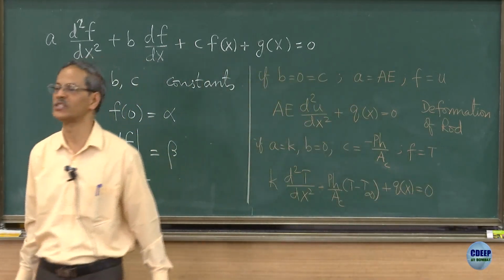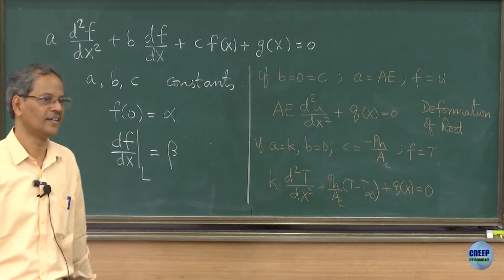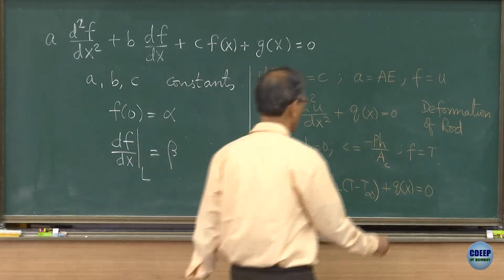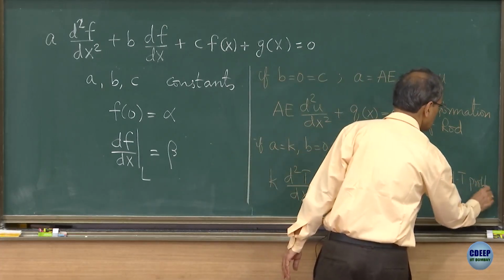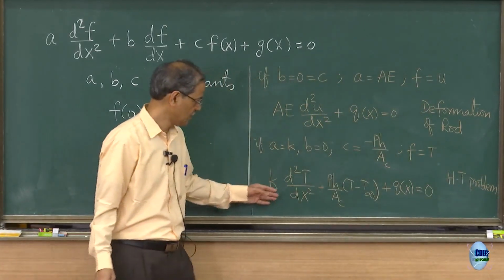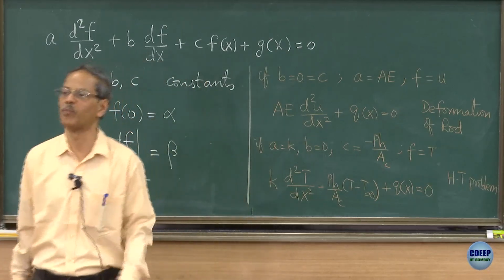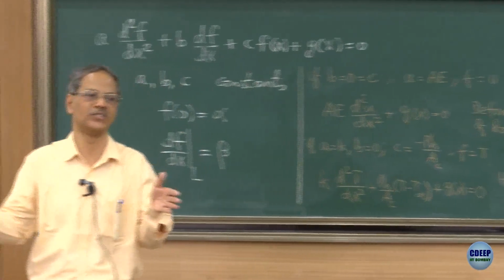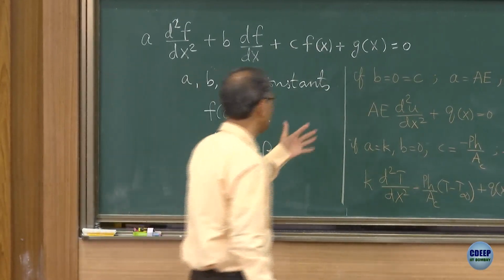That is the differential equation we wrote for one-dimensional heat transfer, right? So this would be a heat transfer problem, which has conduction K and then convection H. We solved the example problem of a fin using such a differential equation. Okay. So these would be special cases.